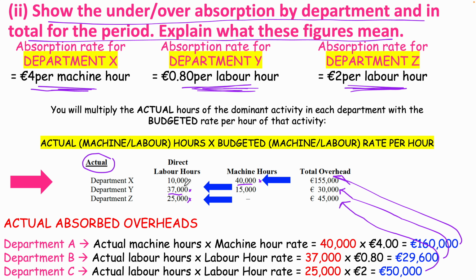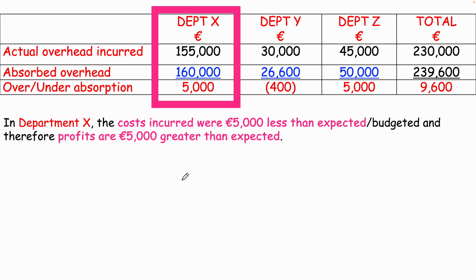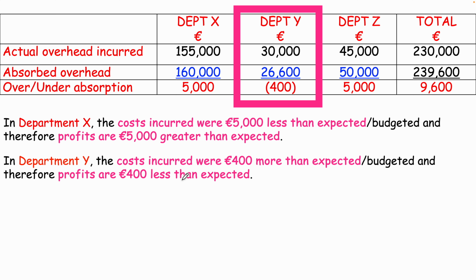So we're asked to explain what all these figures mean, okay? So what we'll say is, in Department X, the costs incurred were 5,000 less than expected or budgeted, and therefore profits are 5,000 greater than expected. In Department Y, the costs incurred were 400 more than expected or budgeted, and therefore profits are 400 less than expected.